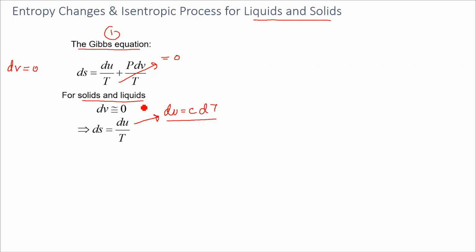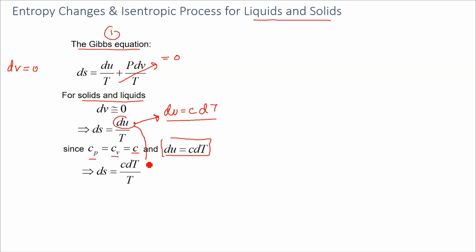This is the expression for solids and liquids, because for solids and liquids, Cv and Cp are the same. So since Cp equals Cv equals C for solids and liquids, du equals C dT is applicable for solids and liquids. So we can replace du with C dT in terms of solids and liquids.